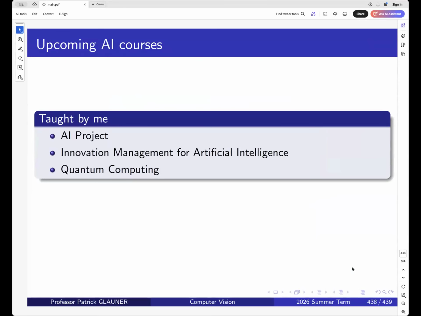So if you're a regular student in Deggendorf in one of these AI programs, if you're an undergrad student, you have attended my algorithms and data structures course last year, now this year, computer vision. In the 6th semester, there's an AI project. It's a bigger course where a group of students works on a bigger project together.